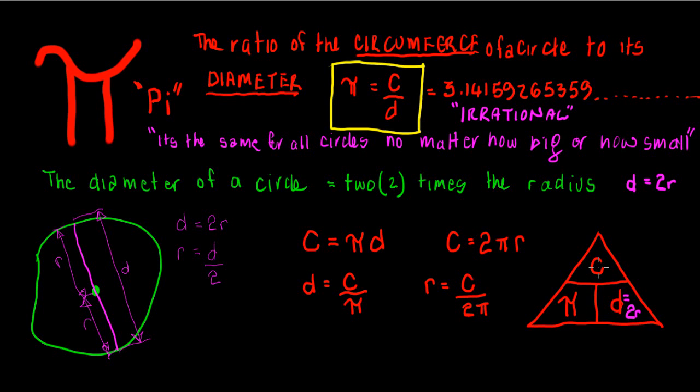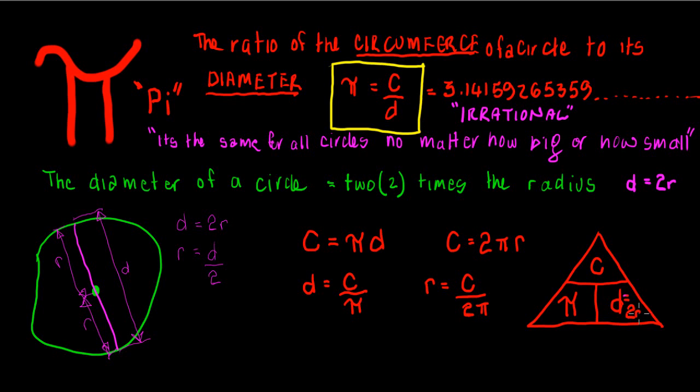Now if we wanted to find out what d is, put your finger on d, and you can see from our little triangle, C divided by pi. If you wanted to find out what r is, that's slightly trickier, because you've got 2r there. Put your finger on 2r, and it's C divided by pi, but that would give us 2r, so you must divide by 2, and you get C divided by 2 pi.